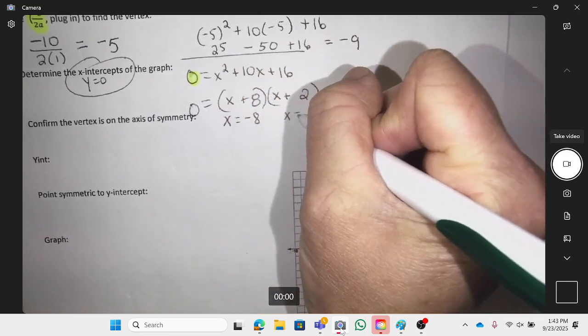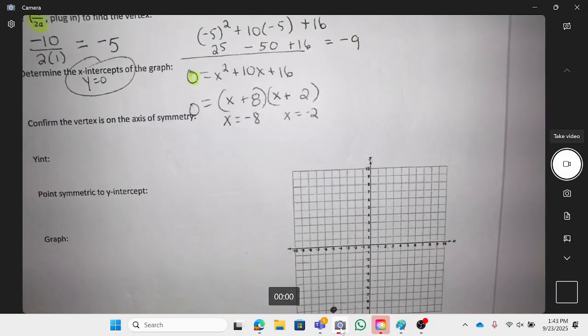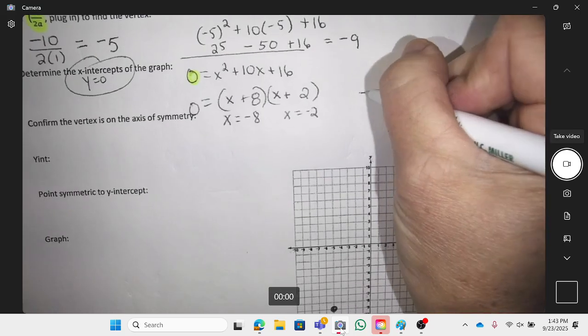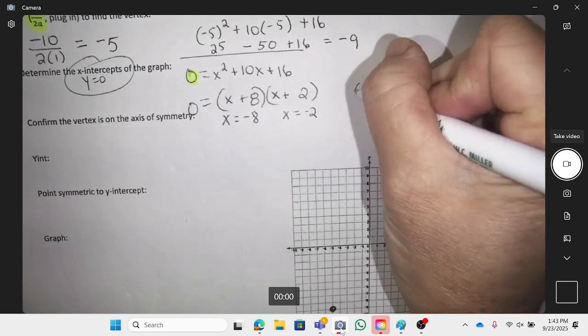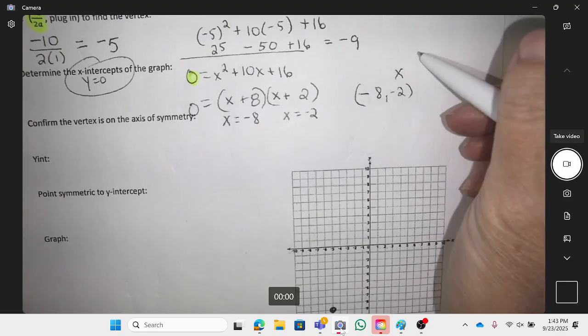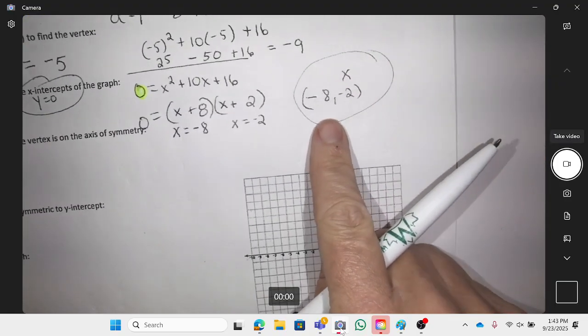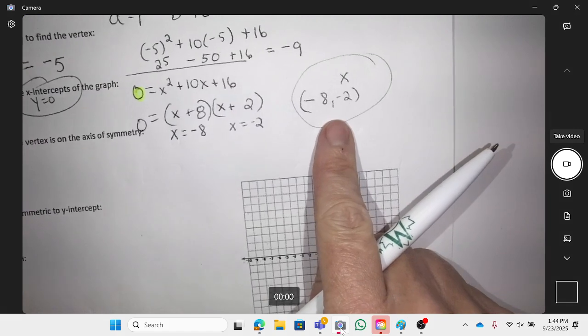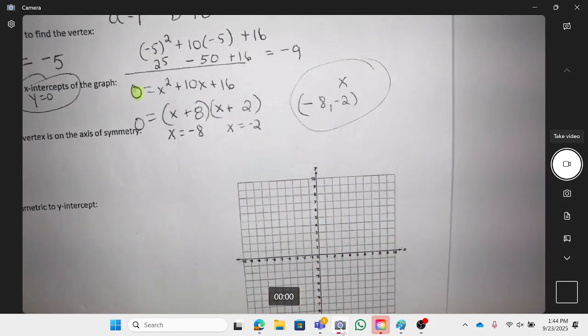What x value creates 0? Okay. Here's an answer I got on somebody's paper. I got this answer on somebody's paper, and I told them they were wrong. Why are they wrong?